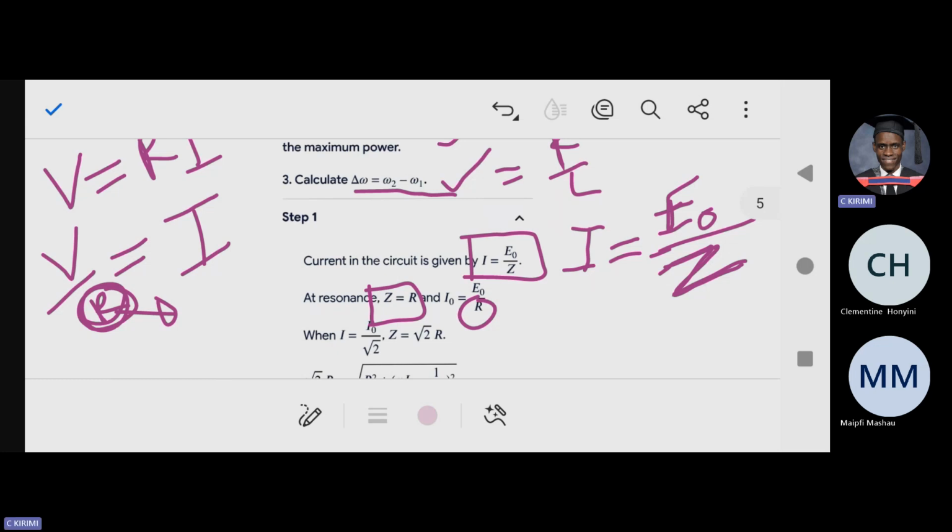For those 2 steps, we have not gone far. Only 2 steps. By starting with I is equal to E naught, which is EMF, over Z, which is the impedance. That is what you must know from the definition. Then you say at resonance, Z, the impedance, is just equivalent to R, the resistor.